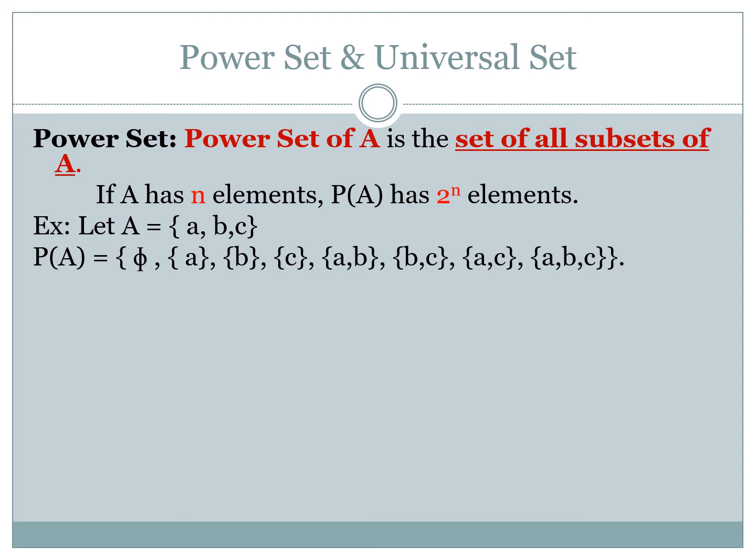So when we write the power set of A, we have to include the null set phi and the set A, that is the set ABC.